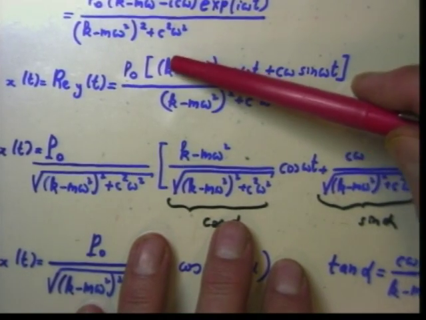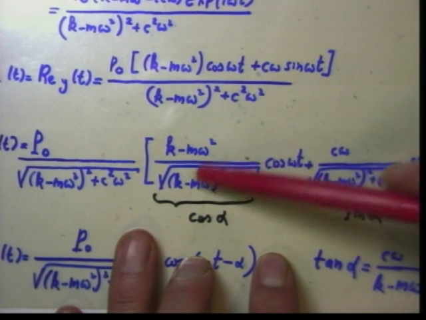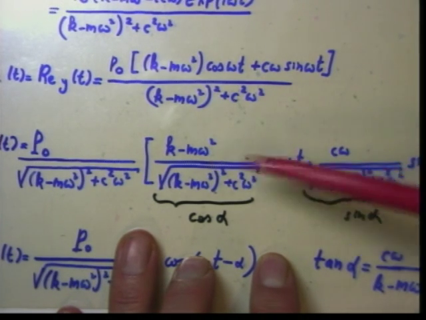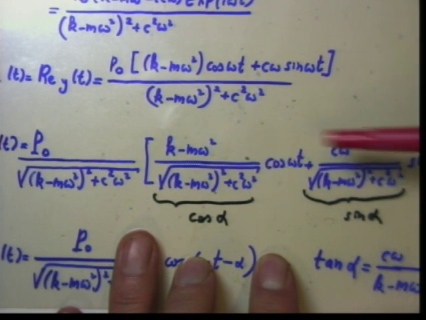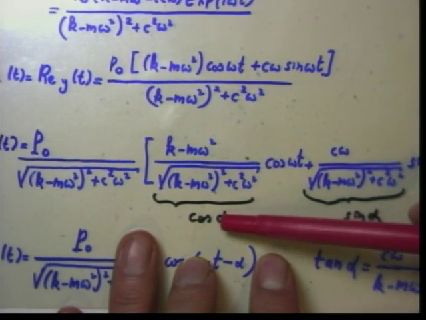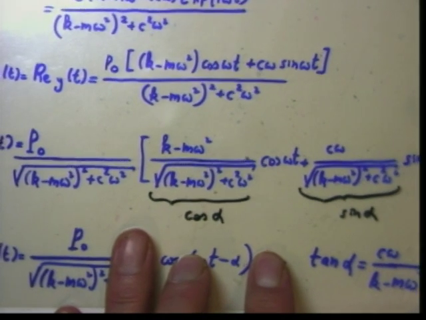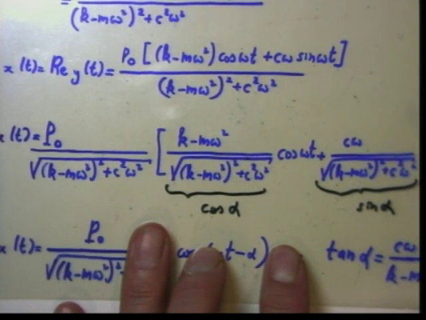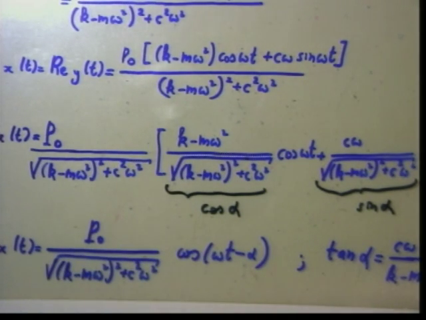Then I will say this divided by this squared plus this squared is 1, because it so happens k minus m omega squared, c omega. So therefore this is cosine alpha, this is sine alpha, or if you want, phi. We are just trying to write it in short notation, if it is possible.